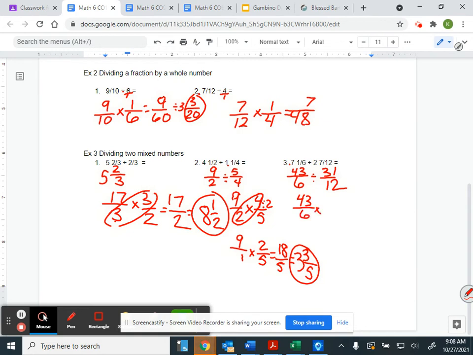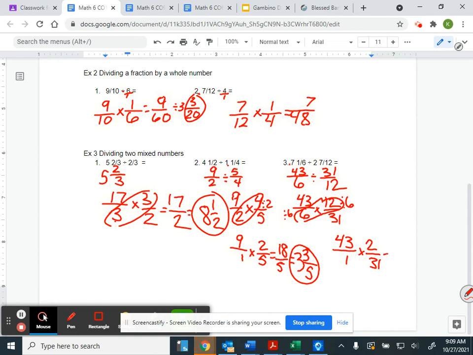So 43/6 times 12 over 31. I can cross simplify and divide that 6 out. Now it becomes 43 over 1. 6 divided by 6 was 1. Times 12 divided by 6 is 2 over 31.